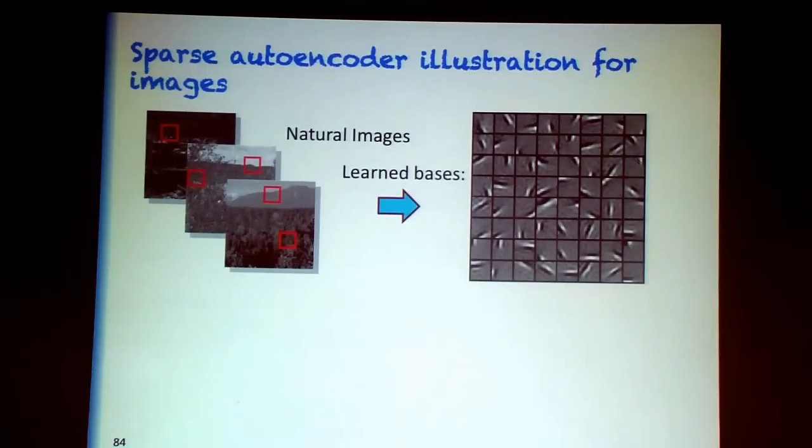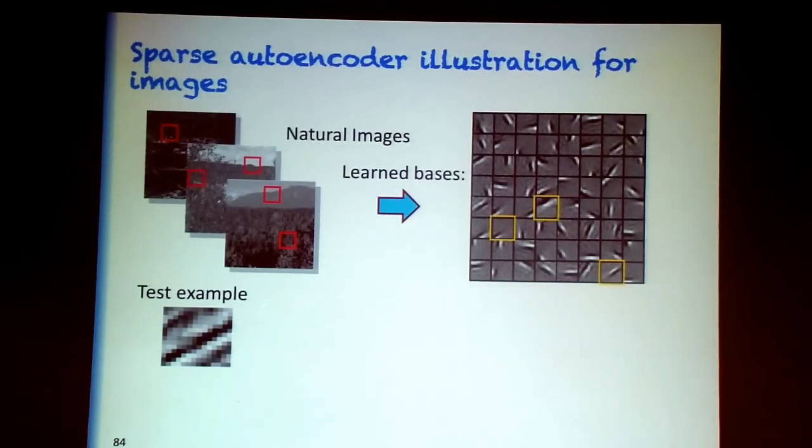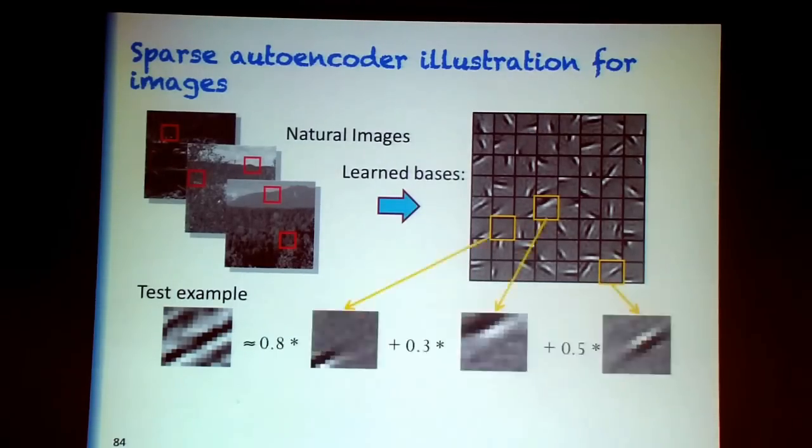You can think of them also as bases to explain the kinds of data it sees in the training set. If you have a test example, it turns out that you can generate it by combining a small number of these bases. So that's where sparsity comes in. Instead of explaining your input with many hidden units, only three of them here are enough.